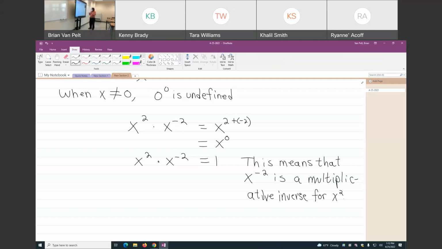Multiplicative inverse, whenever two things multiply together to give you a 1, they're inverses of each other. So I'm gonna take this last equation that we have here and do some.